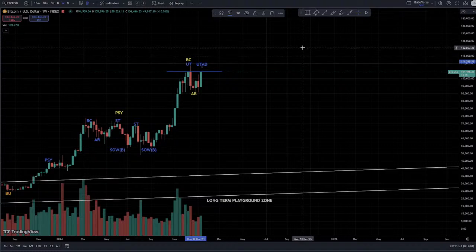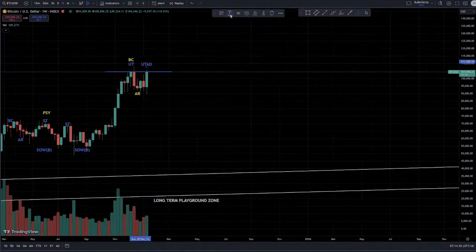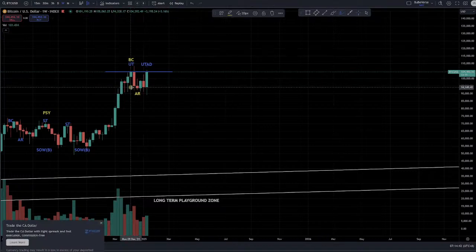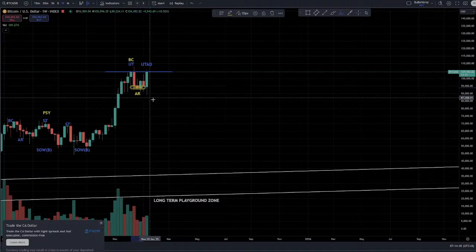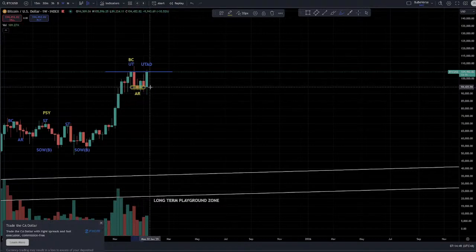So if you ask, if it does come down, what's the level? By looking at the previous candlesticks over here, either you look at the open and close, similar to what we have this week, it's around 95,000, 94,000.